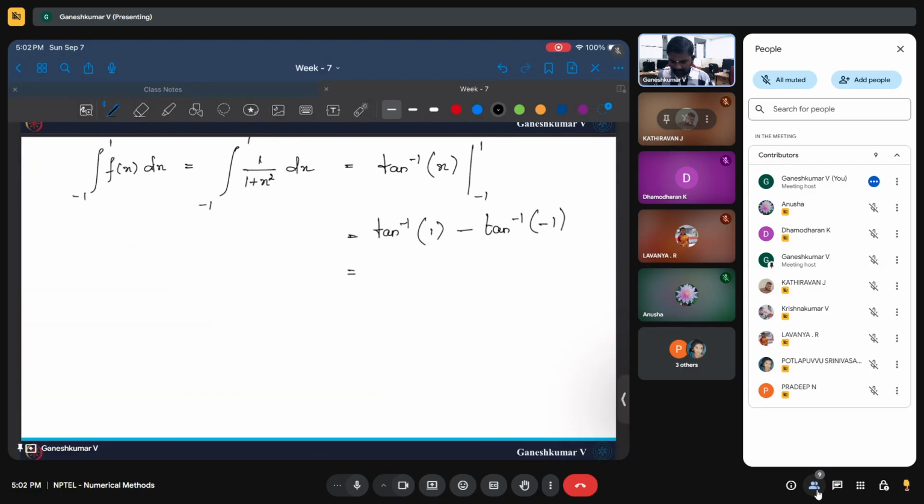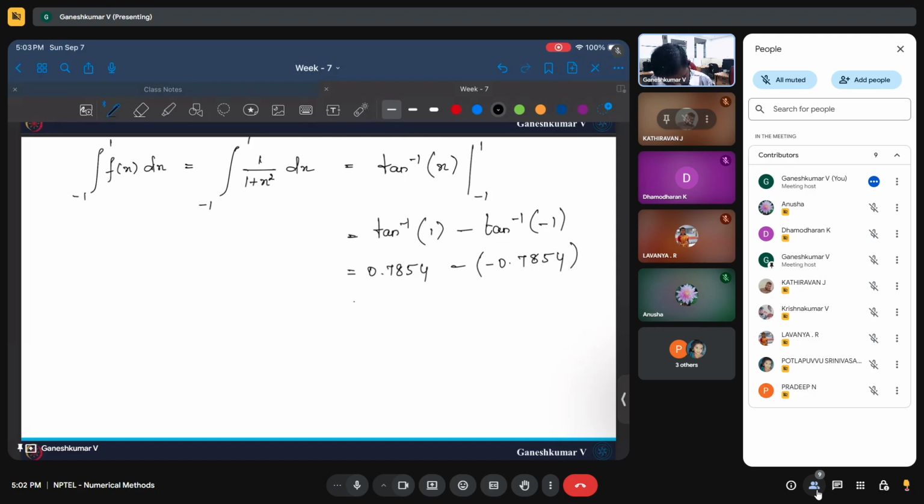And when you are using a calculator for this, please make sure you are using radians. Okay, so what is this coming out to be? Tan inverse of 1 is something like 0.7854, and tan inverse of minus 1 is minus 0.7854.